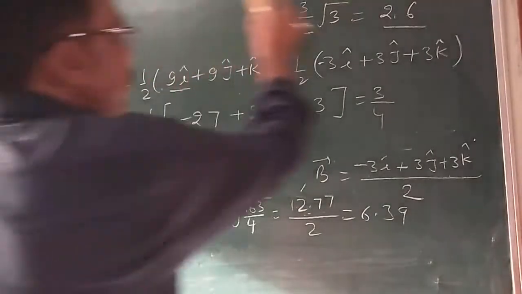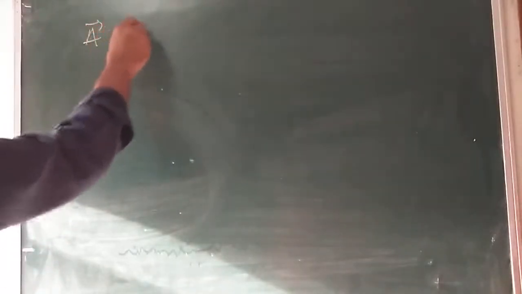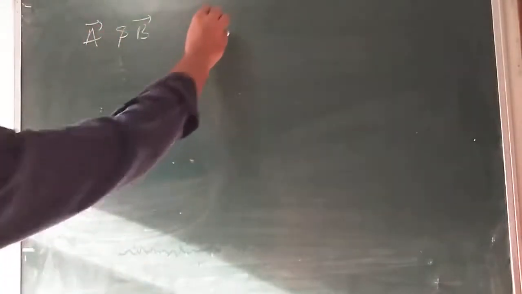Now, we take one more last question of dot product. Then we will see the cross product of the two vectors in our next module. See the question number 5. Two vectors A and B are inclined at an angle theta.